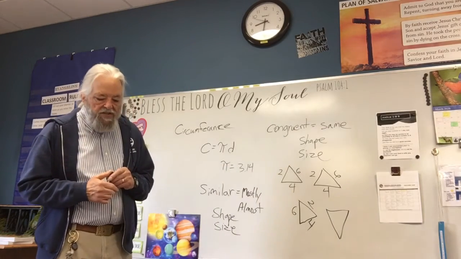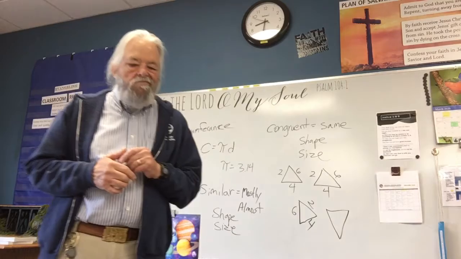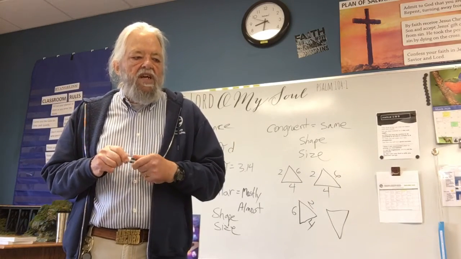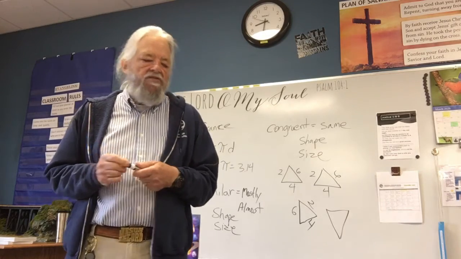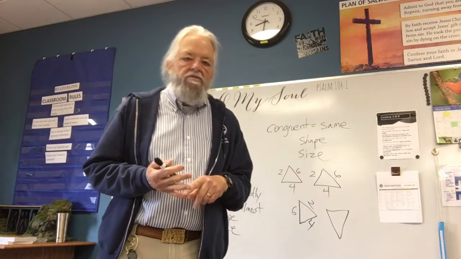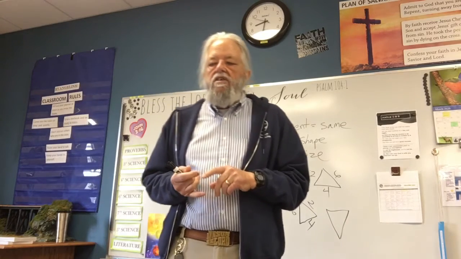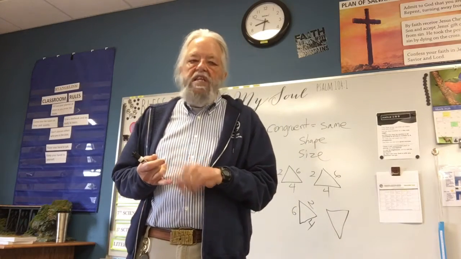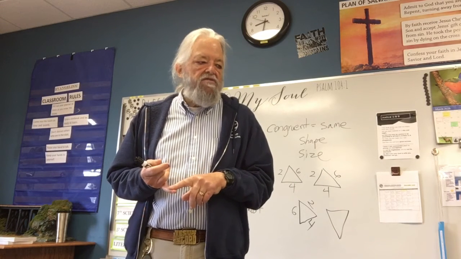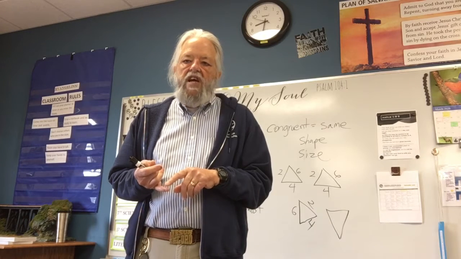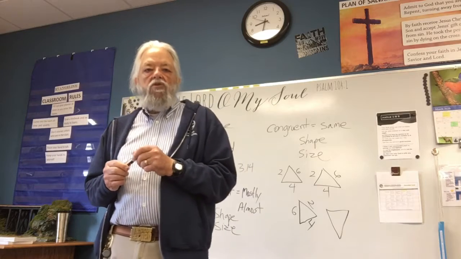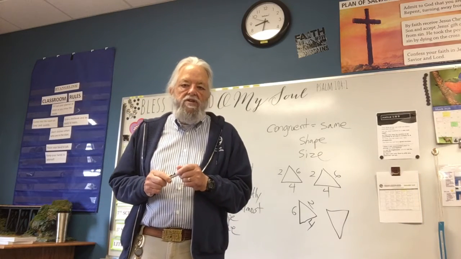Okay? So when you get into that section, 8.9, if you look at that for a minute, in section 8.9 on similar figures, it talks a lot about proportion. And so you can look back in a previous section of the book, I think it was in the last chapter, about ratios and proportions.